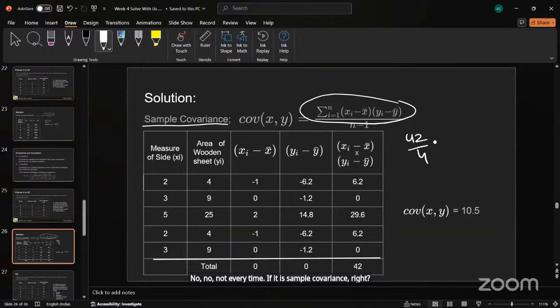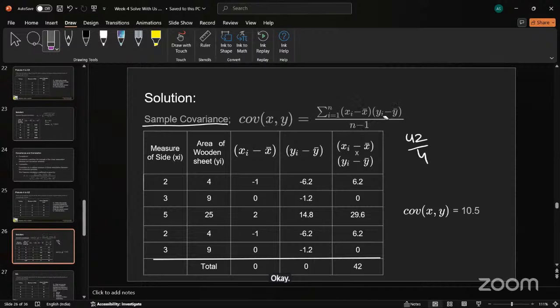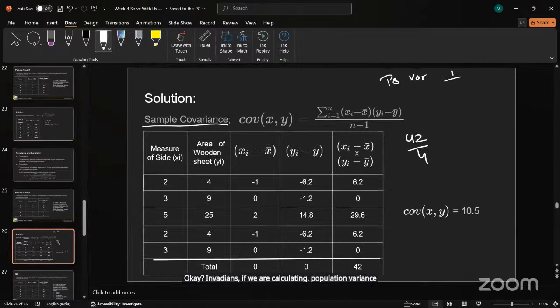If it is population covariance, you divide by n. It's similar to what we did in variance. If we are calculating population variance, you divide by n, and if you are calculating sample variance, you divide by n minus 1. So here also, if it is sample, you divide by n minus 1. If it is population, you divide by n.